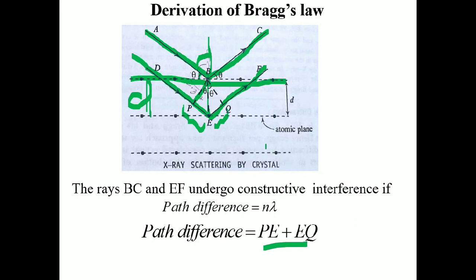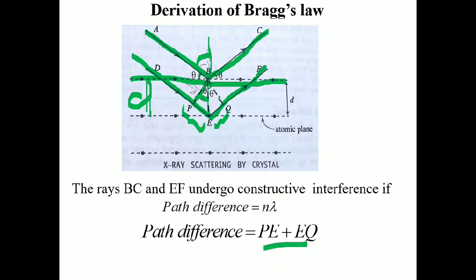Now, I was telling you in the beginning that sin theta is required to be calculated. Sin theta is opposite divided by hypotenuse. In this triangle BPE, this is theta, opposite to it is PE, and the hypotenuse is BE. Therefore, PE divided by BE gives you sin theta.